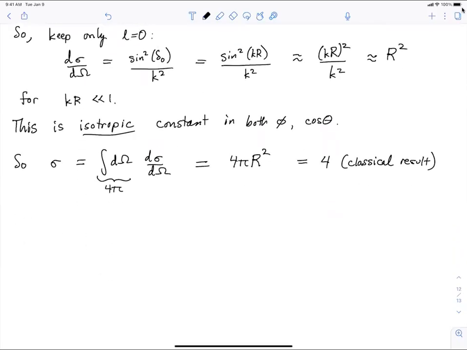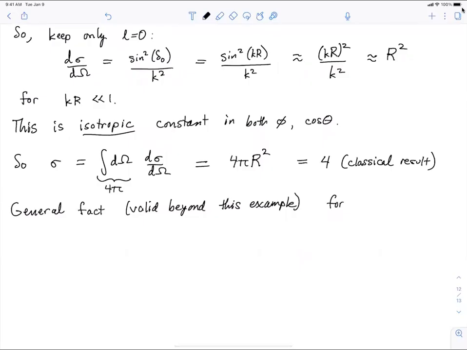Okay, so let me write down some of these general facts that this specific example illustrates. General fact, valid beyond this example, for small scattering energies, the phase shift, first of all, is proportional to k to the 2l plus 1.